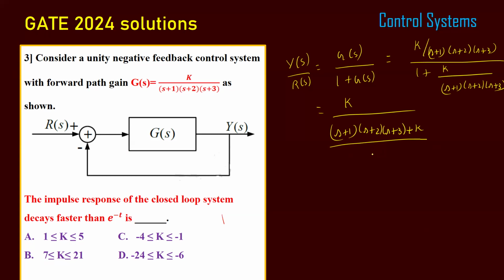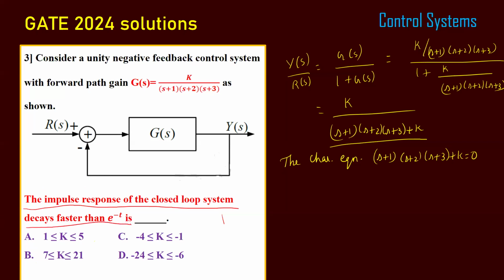Let me write the characteristic equation first. (s plus 1)(s plus 2)(s plus 3) plus k equal to 0. Now read the question clearly. Impulse response of the closed loop system decays faster than e power minus t.